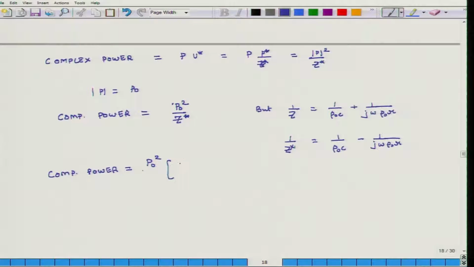So, I am just multiplying by 1 over rho naught c minus 1 over j omega rho naught R, and that is my expression for complex power.